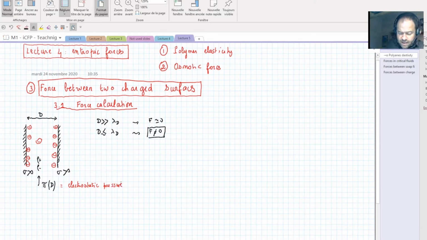People also call it a disjoining pressure. I'm pretty sure that David Quéré told you about disjoining pressure, but here the pressure that we have will be a disjoining pressure.